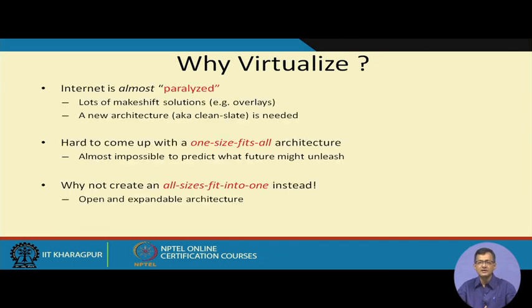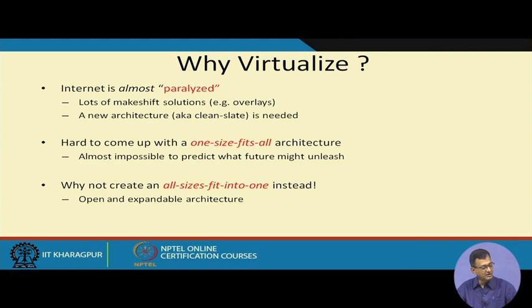Why virtualize? People say that the internet, in its own networking paradigm, is becoming paralyzed. You do not have much elbow space, and it is hard to come up with a one-size-fits-all architecture. You have a network configuration and it does not fit everybody. So why not create something where all sizes fit one, in a sense.